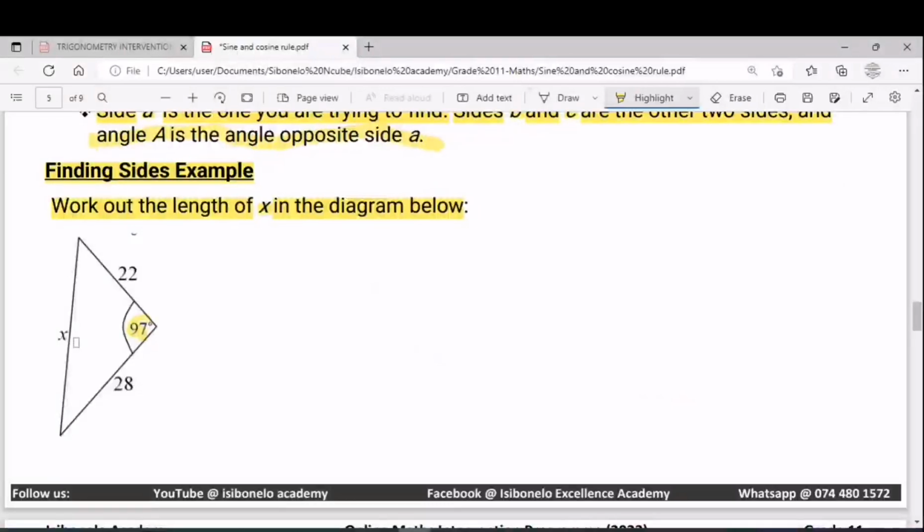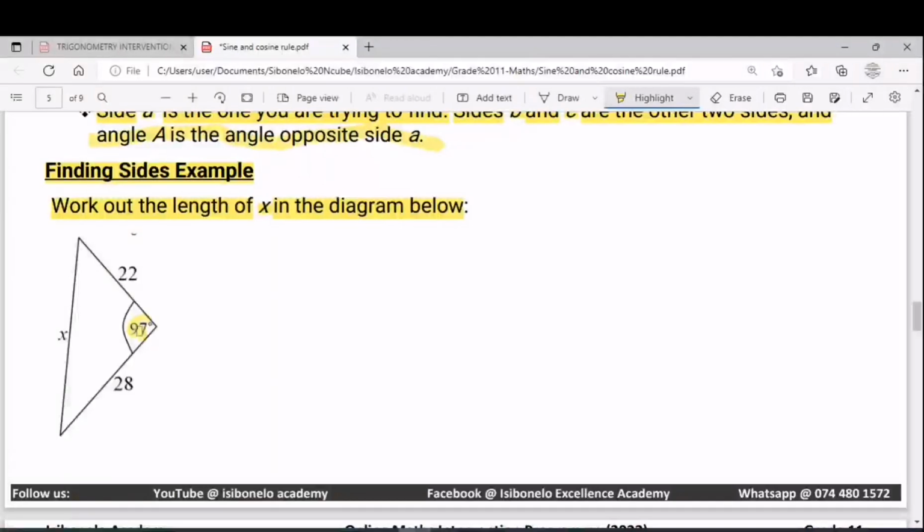Ngingakwazi ukusebenzisa the cosine rule. So nginawo yini angle and nama side awu2 angle ephakathi kwawo. Yes, there is 22 and 28 on nama side angle yethu in between one. Therefore, sengiyakhona ukuthi ngisebenzise the cosine rule. Nayizwa lento ukuthi kumele nicule kanjani? Sizokhona ukuyicula.